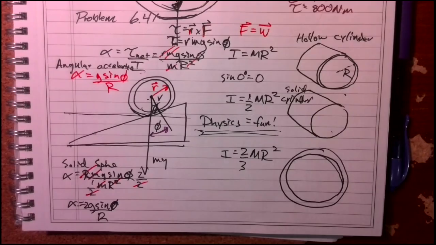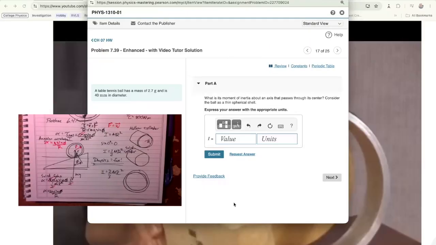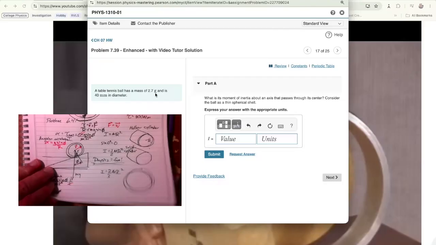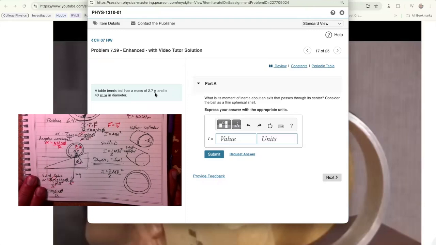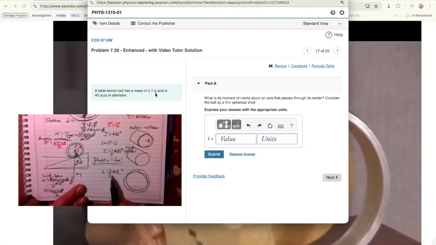Let's read the problem. I'm going to share my screen here. A table tennis ball has a mass of 2.7 grams and it's 40 millimeters in diameter. We know that that is a solid sphere. Look at this, I wrote down the moment of inertia. This is my ping pong ball. I prefer to call it a ping pong ball, but you can call it table tennis.